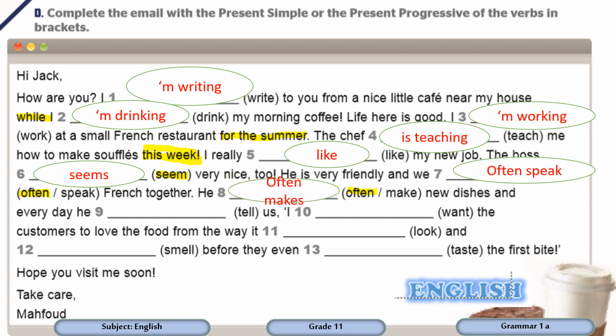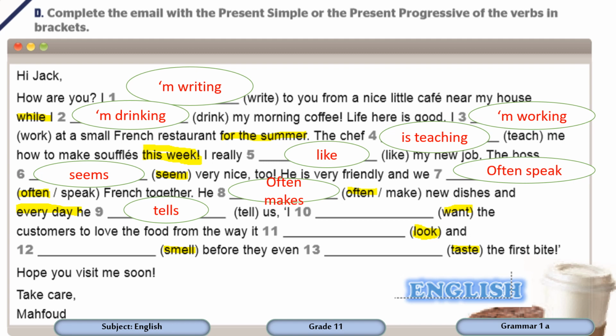And every day, so this is a habit, it's a repeated action, and every day he tells us, the present simple with he, you should put an s. He tells us, I want the customers, so the verb want, the customers to love the food from the way it looks or it appears, and smell before they even taste the first bite.